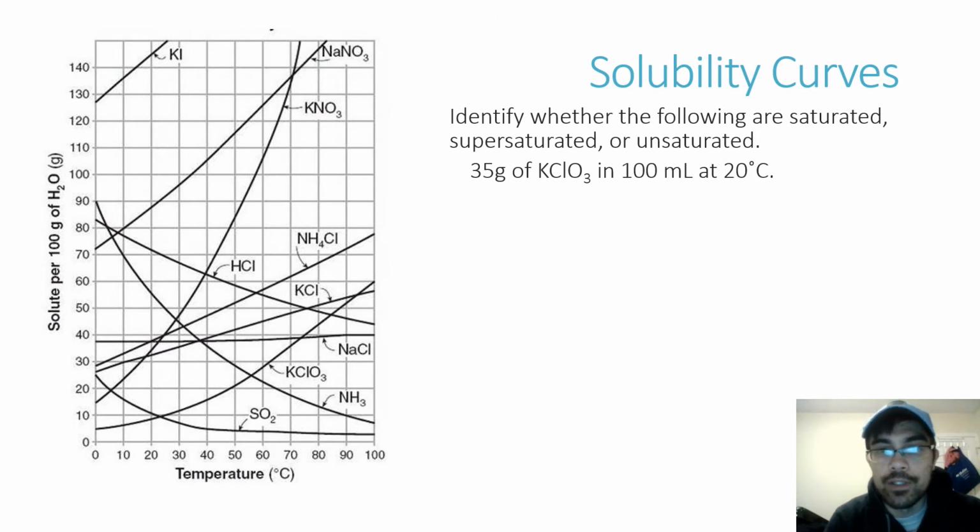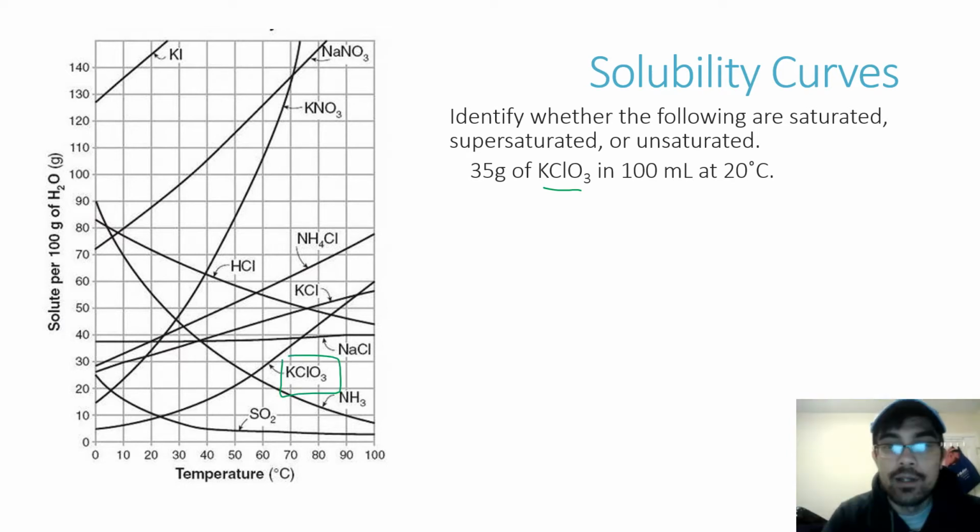For the first one here, identify whether the following are saturated, supersaturated, or unsaturated. In this case, we have 35 grams of KClO3, potassium chlorate, in 100 milliliters at 20 degrees Celsius. First off, let's look at the chart. These are quick, simple questions. For KClO3, that's right there, so we'll look at that line.